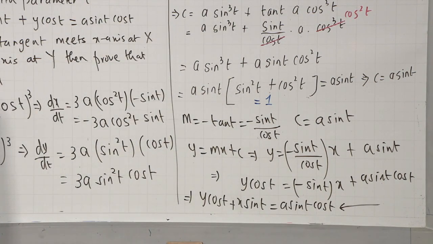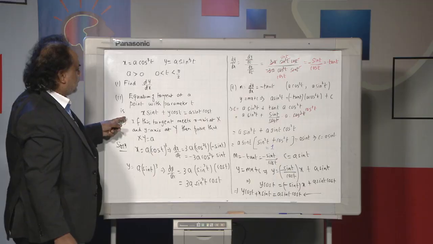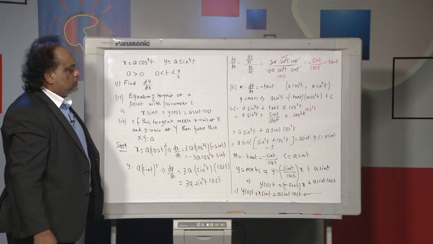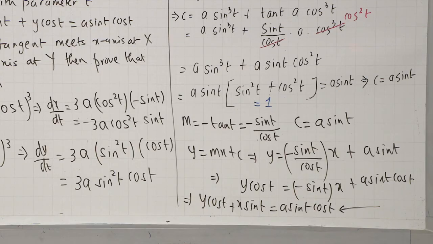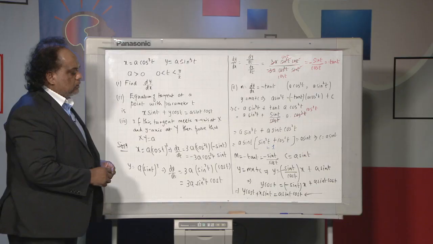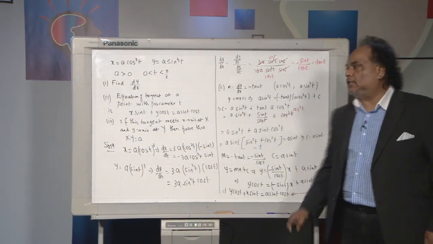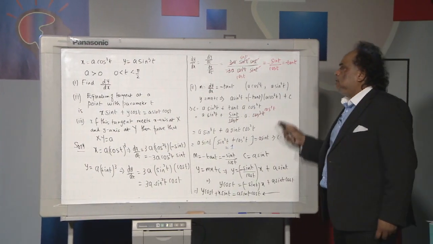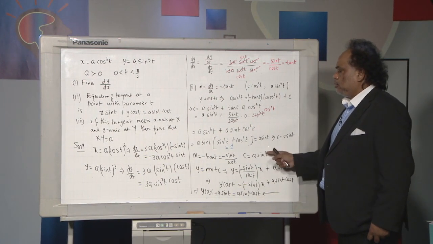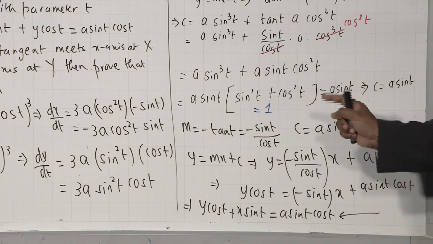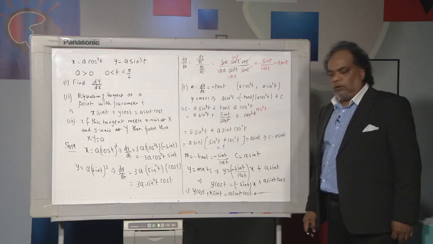That's the general form of the tangent, y cos t plus x sine t. So you realize that we had a number of trigonometric identities to be used. Even in this chapter, you will use your knowledge of trigonometry.